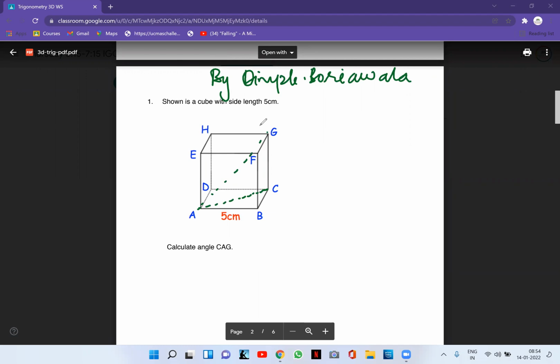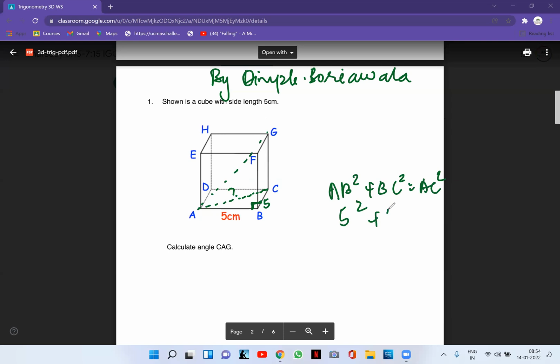So in order to calculate angle CAG, the first thing I will need is this CA. Here I know all sides are equal, so this will be 5, this will be 5. We can implement Pythagoras theorem over here because we know that all the angles of a cube are 90 degrees, so it's a right angle triangle. So AB square plus BC square is equal to AC square.